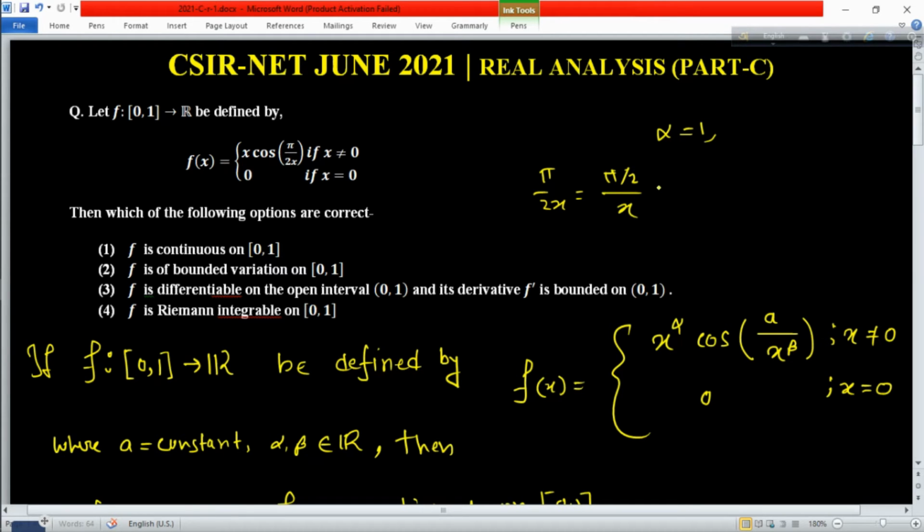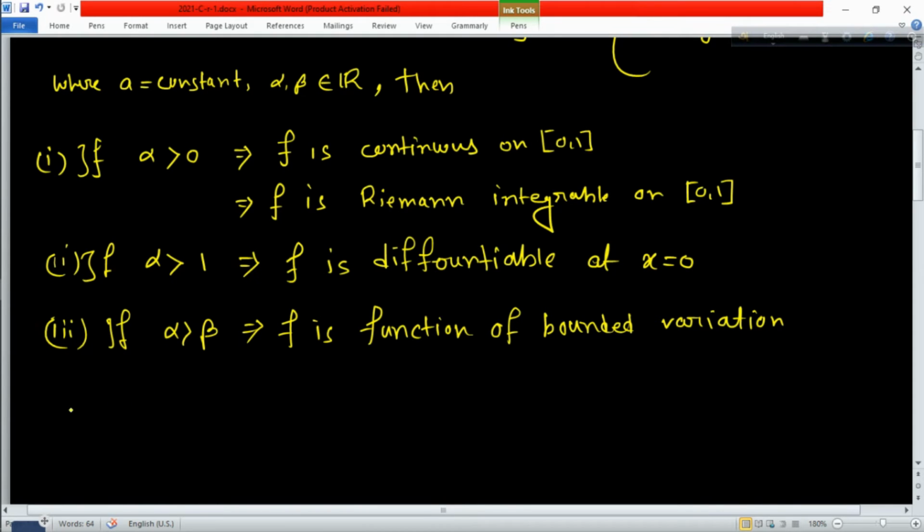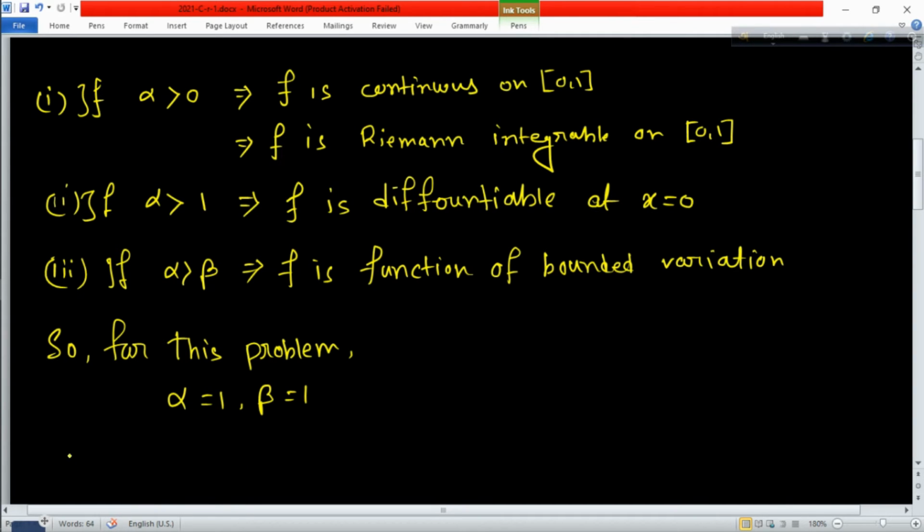If I compare this with a divided by x to the power beta, then a equals to pi by 2 and beta equals to 1. These are important; a is a constant term and is not important. So we get alpha equals to 1 and beta equals to 1.